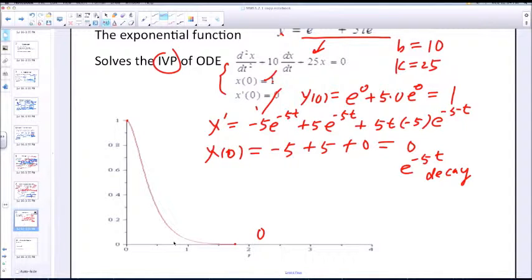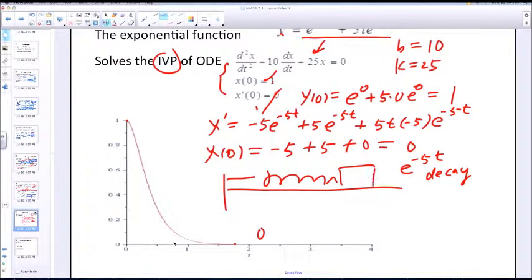So what does that mean? That means the spring is too weak to overcome the resistance. And the end result is slowly drag it back into the equilibrium point, x equals 0.